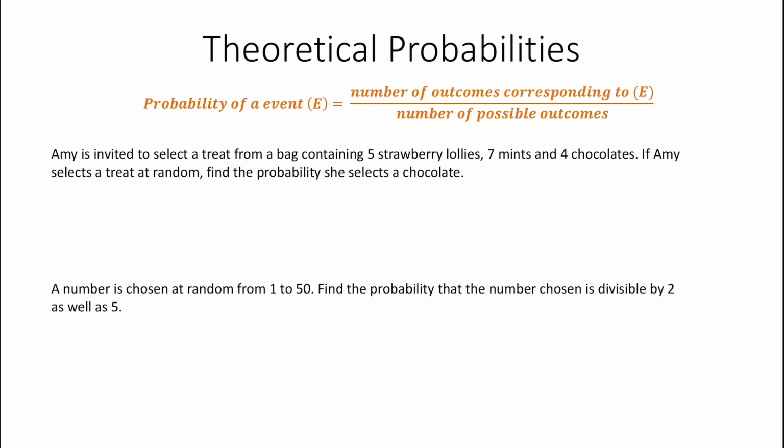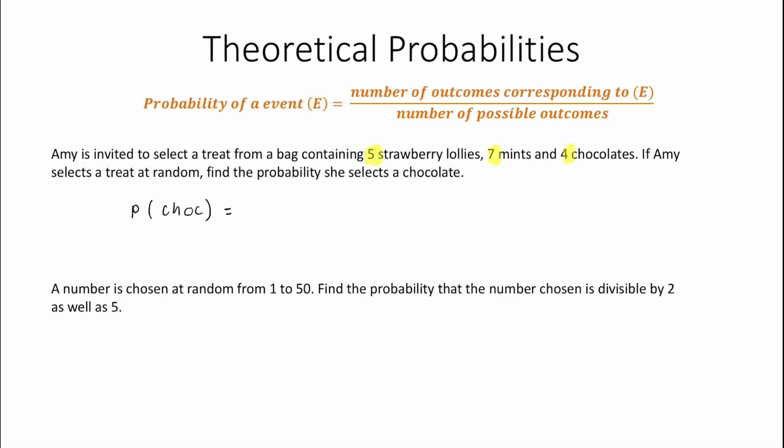So Amy is invited to select a treat from a bag containing 5 strawberry lollies, 7 mints, and 4 chocolates. If Amy selects a treat at random, find the probability she selects a chocolate. So in this case, the event that we're talking about is the probability of selecting a chocolate from this bag. So we can just say the probability of selecting this chocolate, and then we have the number of outcomes corresponding to the event.